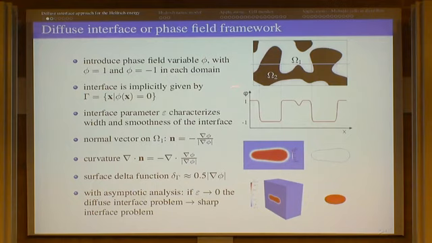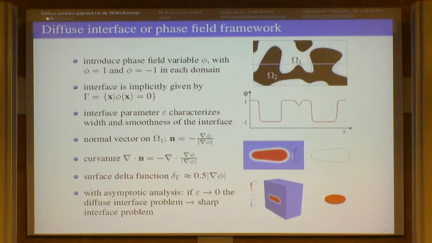You can see the interface is continuous and smeared out, and then we are able to implicitly define our surface gamma by the zero level set of phi. Yeah? And then we have an interface parameter epsilon, which characterizes the thickness of this interface. And the phase field method provides nice features, which we can see here.